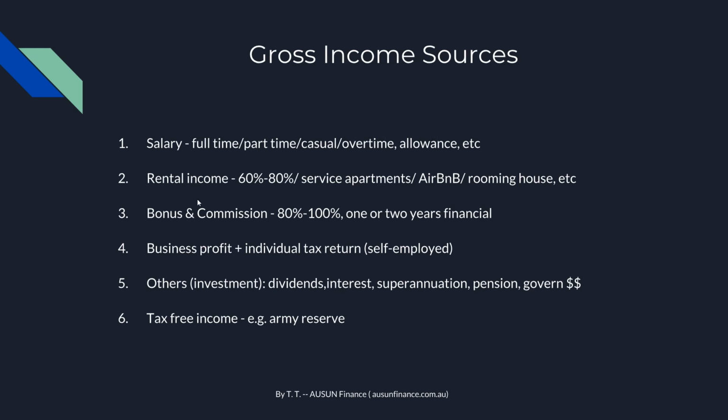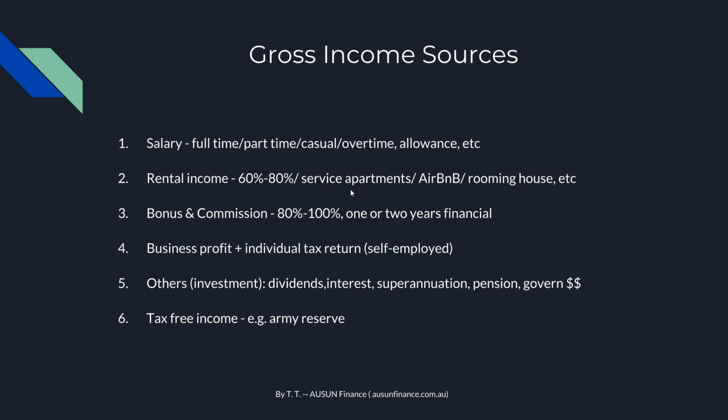All right, rental incomes, that's interesting. All right, 60 to 80%. Different banks have different risk appetites, even at different postcodes as well. It all depends on the concentration risk, which we'll talk about in another video. All right, serviced apartments.